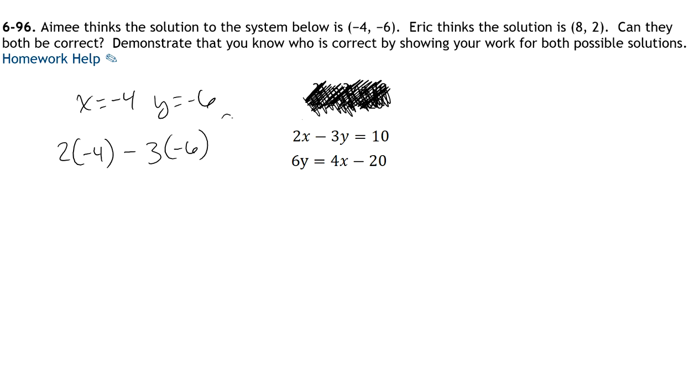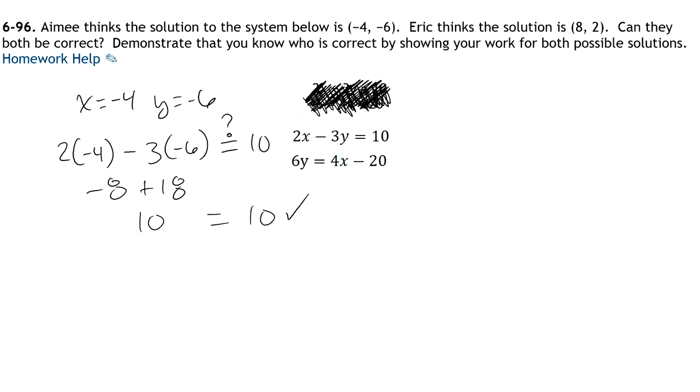I'm wondering if that is the same as the number 10. Well, 2 times -4 is -8, and minus 3 times -6 would be plus 18, right? And -8 plus 18 is indeed 10. So 10 definitely works in the first equation of the system.